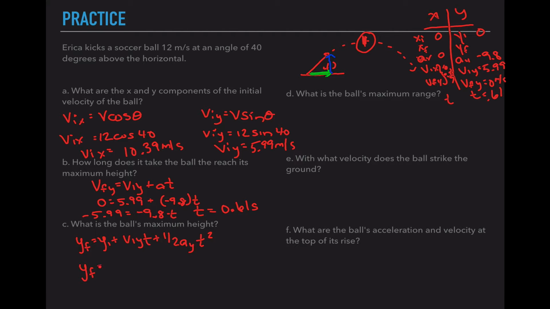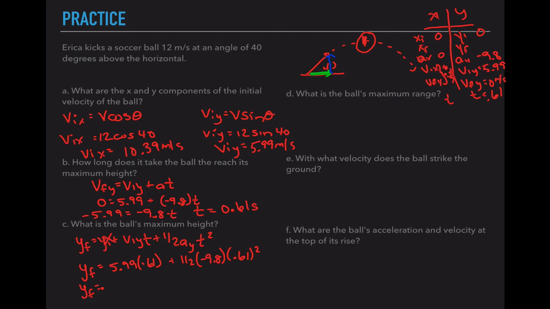So yf equals yi is 0, so I would write 5.99 times 0.61 plus 1/2 negative 9.8 times 0.61 squared. And remember, only that second 0.61 is squared.